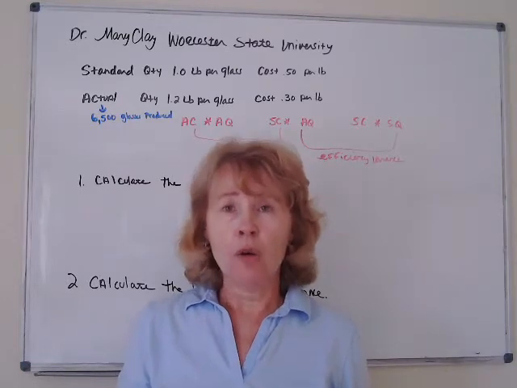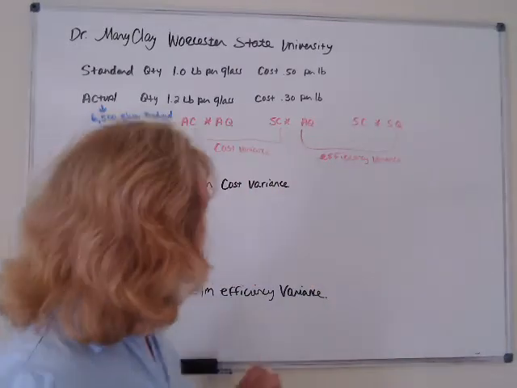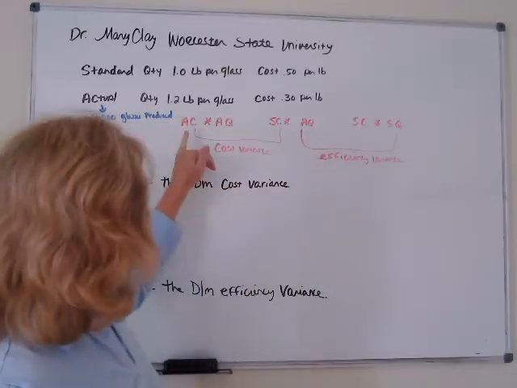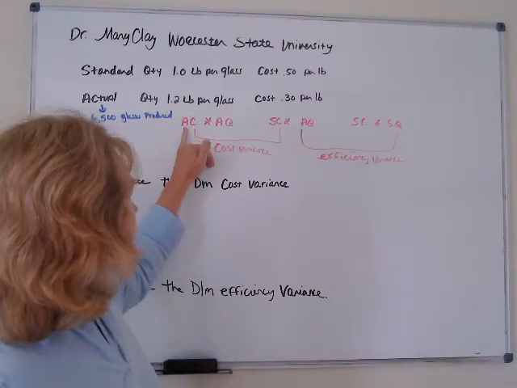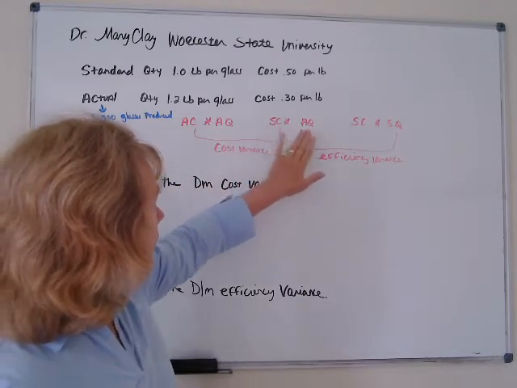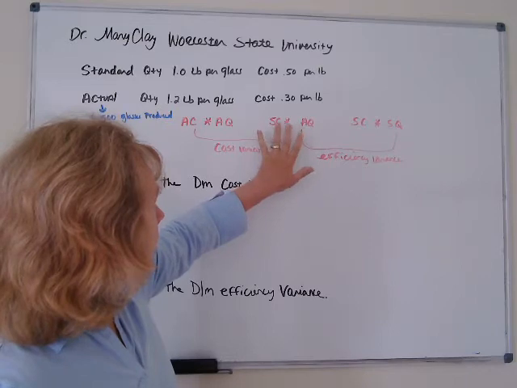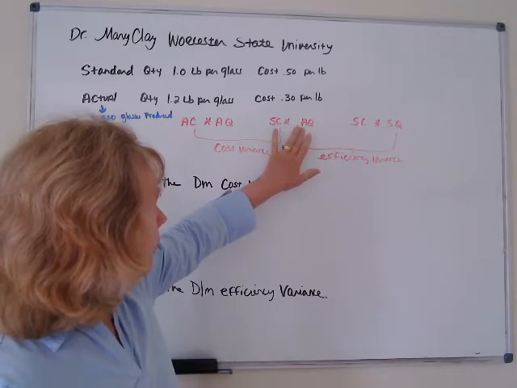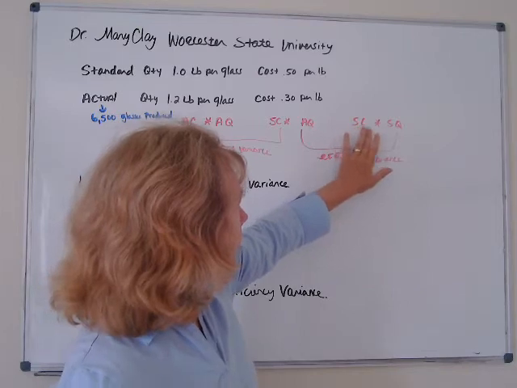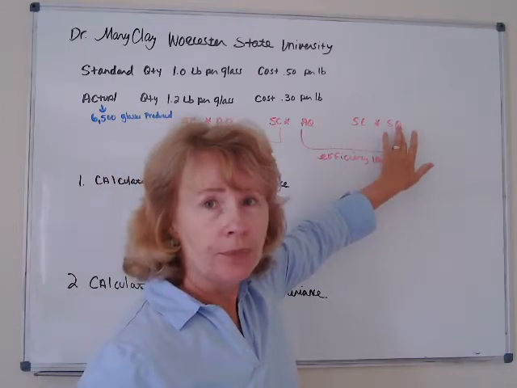Okay, so before we begin, I would like for you to write down this equation. AC times AQ, and you have the middle, SC times AQ, and here's the last part, SC times SQ.